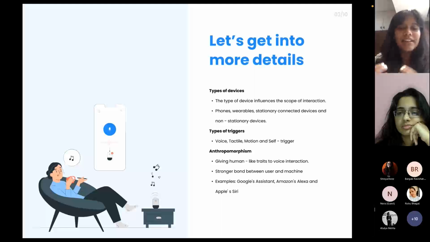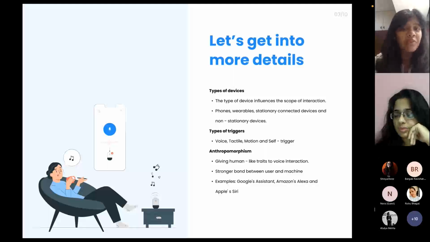So today, the type of device also influences the scope of interaction, right? Our phones have a role to play. The navigation systems in our cars have a role to play, but each of them has a different scope of interaction. Depending on the type of device, they have a particular role to play even within voice interactions. So we have different devices that we interact with today.